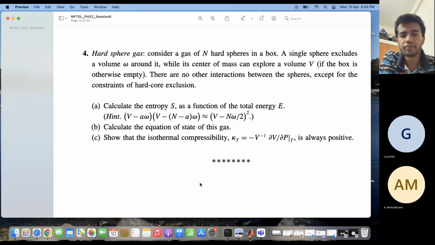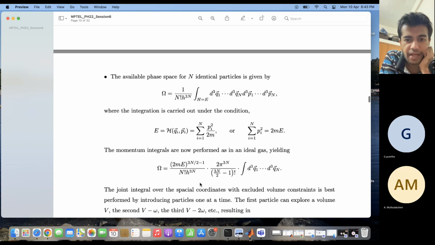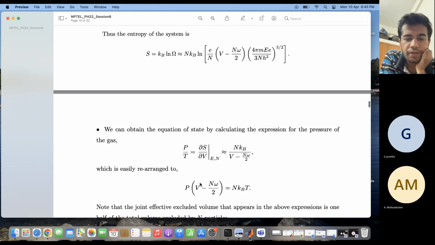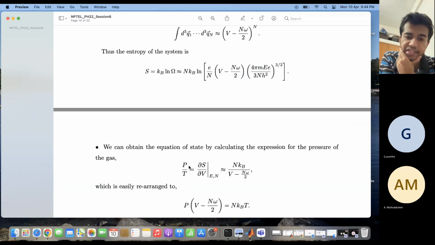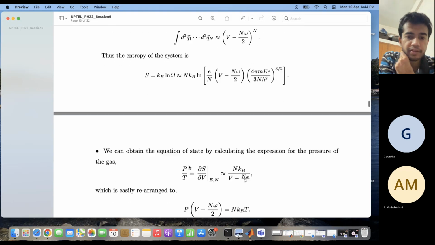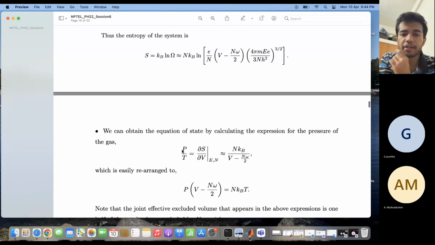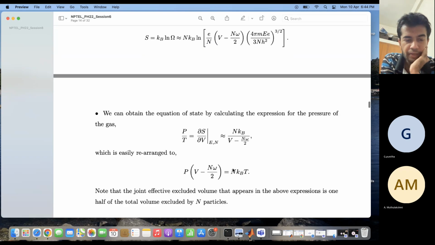Now the next question is to find the equation of state of this gas. I can obtain the equation of state from the first law of thermodynamics, that is, P dV equals T dS, because I'm again working in the microcanonical ensemble where E is constant. Therefore, P by T is equal to del S by del V at constant E and N. If I do del S by del V, this becomes equal to N k by (V minus N omega by 2).